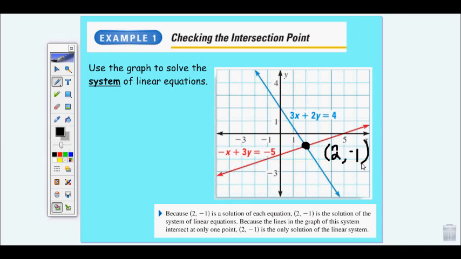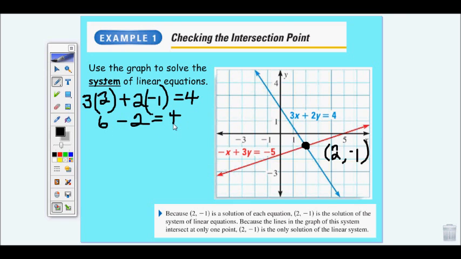So I say 3 times 2, substituting that x value, plus 2 times negative 1. Is that true? Does that equal 4? We would have 6 minus 2, and that does equal 4.